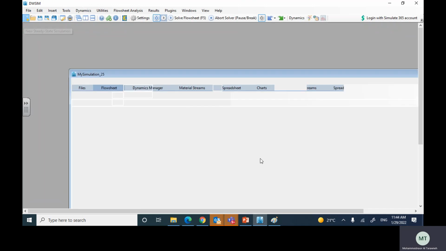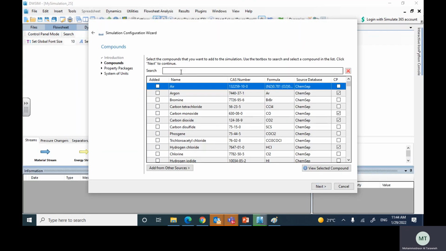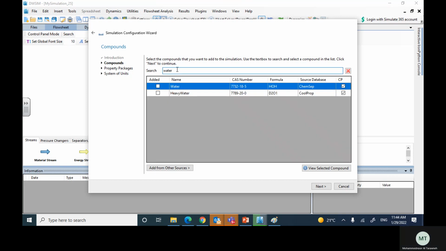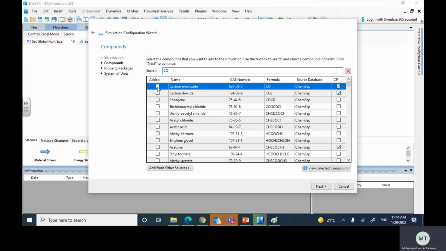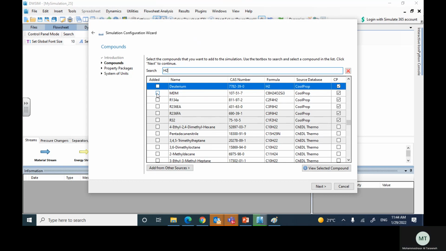Open and use steady state simulation. Click next. Let's choose all the compounds. We have methane. We have water. We have CO, carbon monoxide, carbon dioxide, and we have H2, hydrogen.